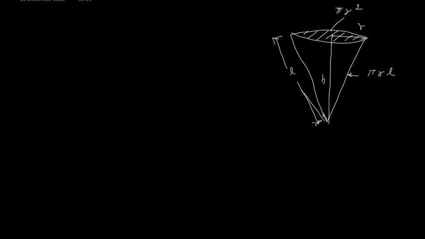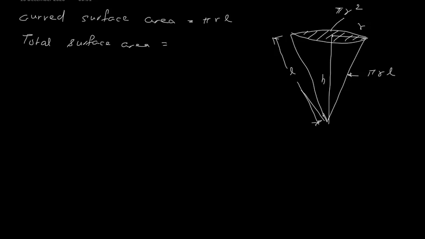Now, here we have curved surface area, which is pi r l, and total surface area, this is pi r l plus pi r square.